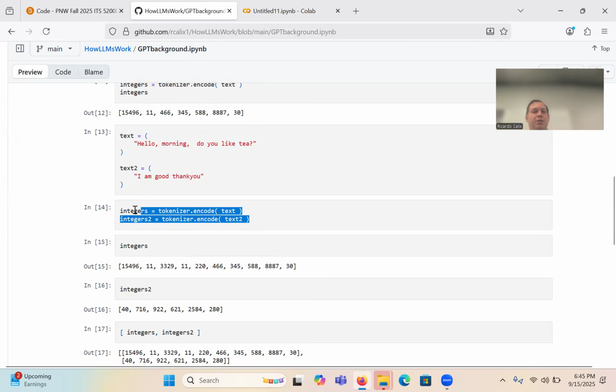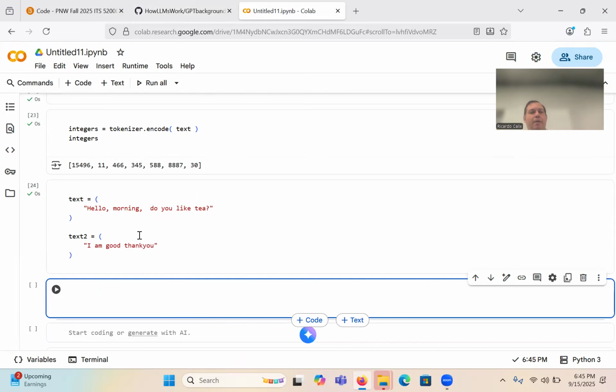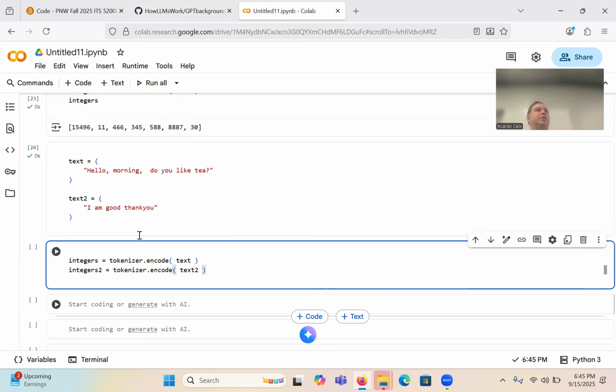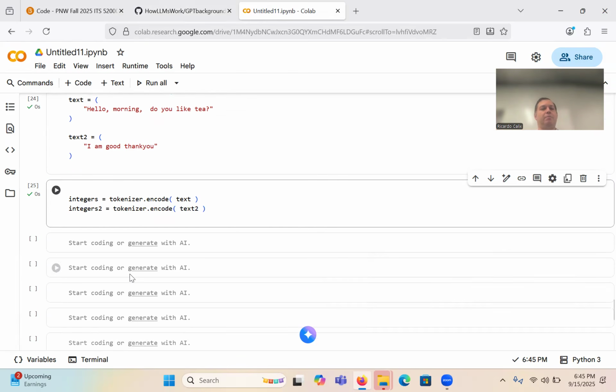Now let's proceed to encode both of these into integers. If you notice, we're not using BPE to obtain a vocabulary. We're just using an existing one. But GPT-2 did look at all the text in the world, right? And so I think that should give us good subwords at the time when it ran.